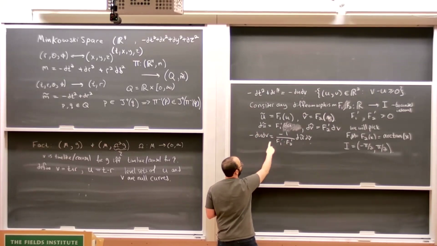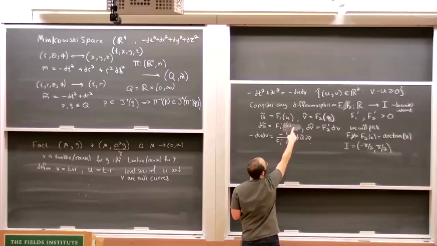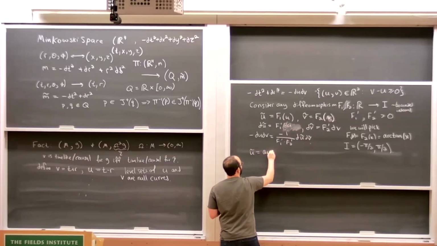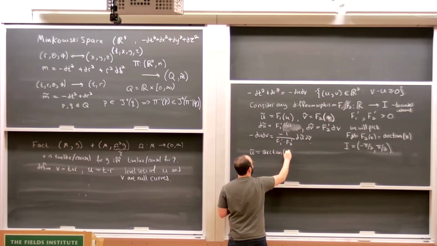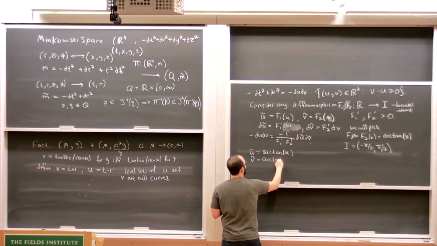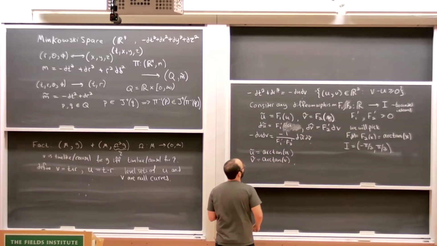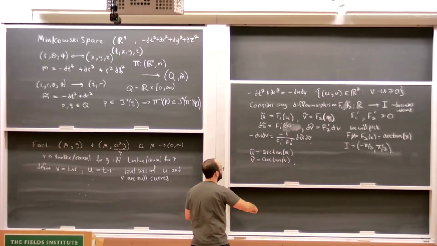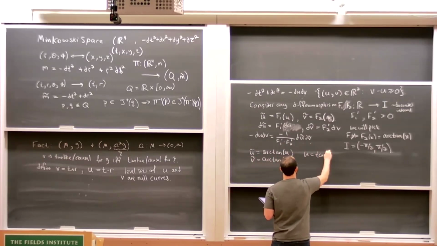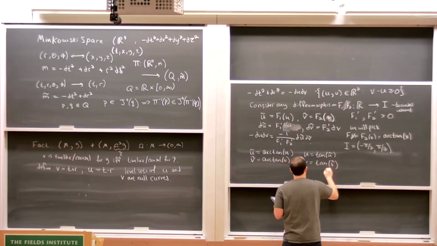So we want to write we have our du dv in terms of that. So just following what I had before, we have u tilde equals arctangent of u. All right, so we want to write the du dv in terms of these. So I'm just redoing what I have up there. So this is, of course, u equals tangent of u tilde, and v equals tangent of v tilde.